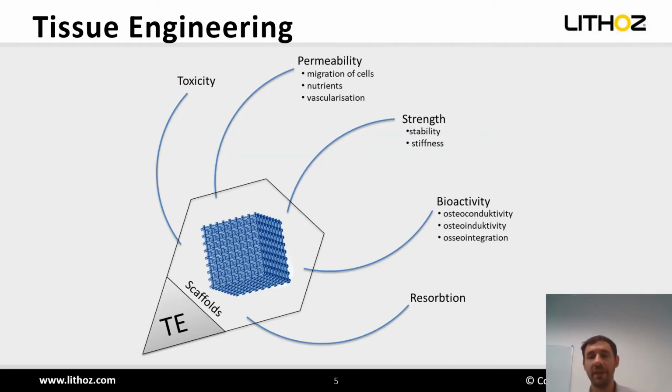And by combining these very interesting material properties of the TCP with the design freedom of additive manufacturing, you're obviously able to really play around a lot with the resulting properties. So you can get to a defined interconnective porosity, so you can play around with the permeability, which is a key factor for the way cells can migrate and can adhere then in the scaffold. Obviously, it also has a strong effect on the strengths and mechanical performance of the resulting scaffolds, and also the resorption rate.